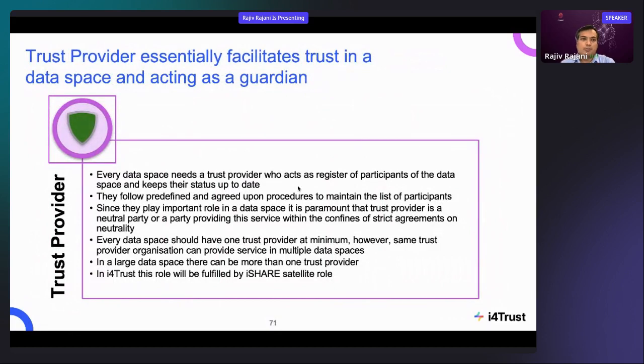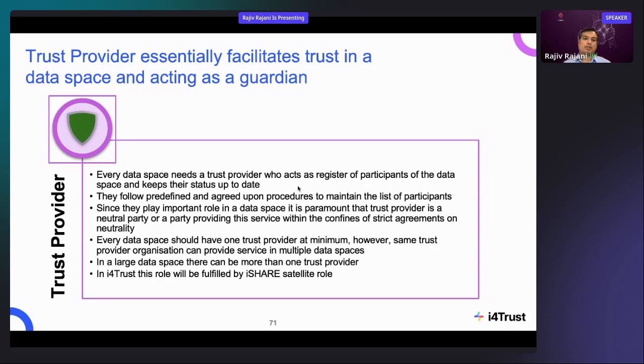Okay, I'll briefly explain what we mean by each role in the iForTrust context, and what they fulfill. In iForTrust data spaces, the trust provider, or trust anchor as we call it now, essentially facilitates the trust between the participants of the data space, and also acts as a guardian within that data space. This role is based on the iShare satellite.